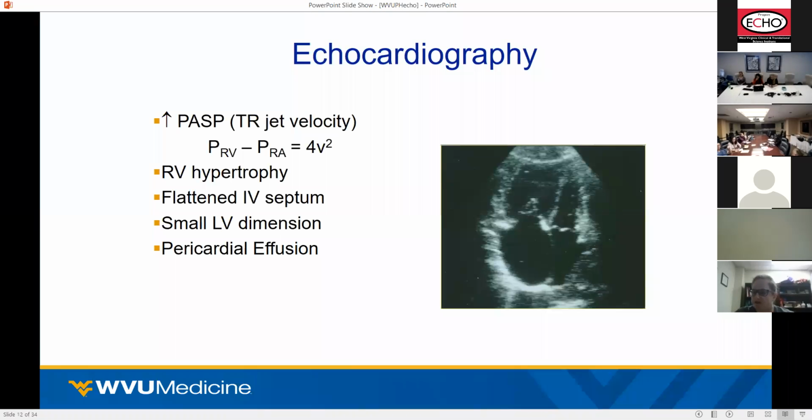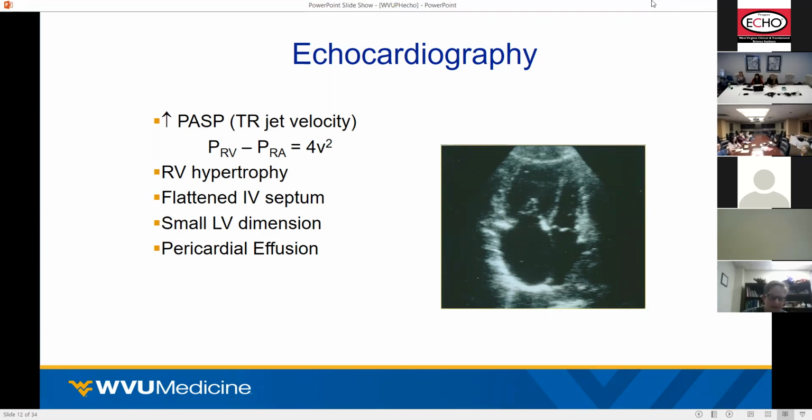And that EKG will look markedly different compared to a HFpEF patient. So echo, very important. Here's an example of someone with group 1 PH. As you can see, the enlarged chambers on an echo, that's the right side of the heart. They're very enlarged, the right atrium and the right ventricle are ginormous.